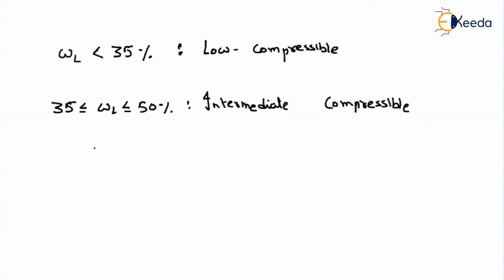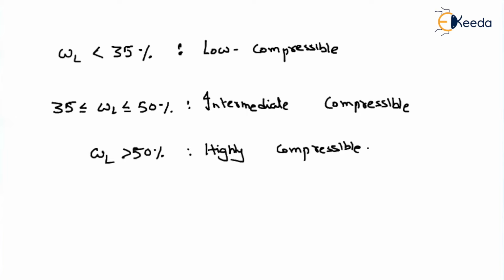If your liquid limit is greater than 50%, then it is a highly compressible soil. So depending upon the data given, just observe the liquid limit value. If it is less than 35, it is low compressible. If it is 35 to 50, intermediate compressible. If it is greater than 50, highly compressible soil.